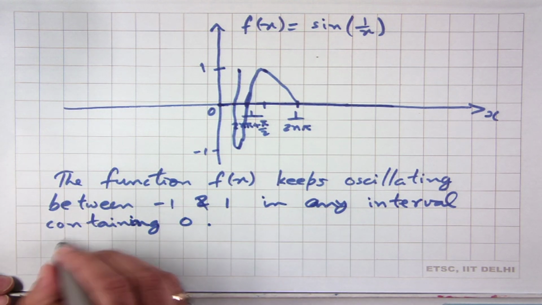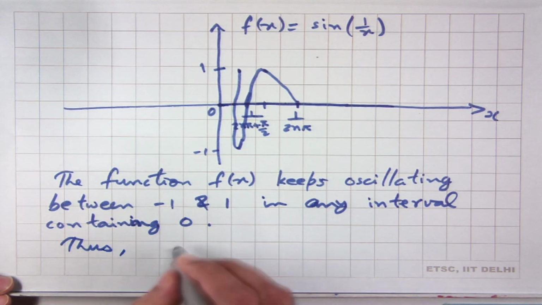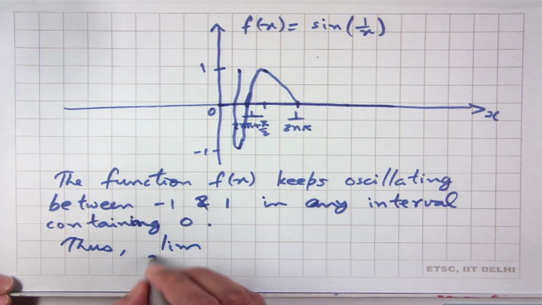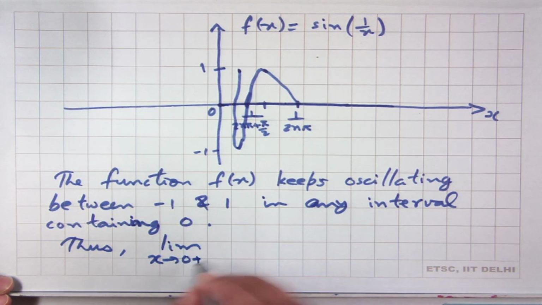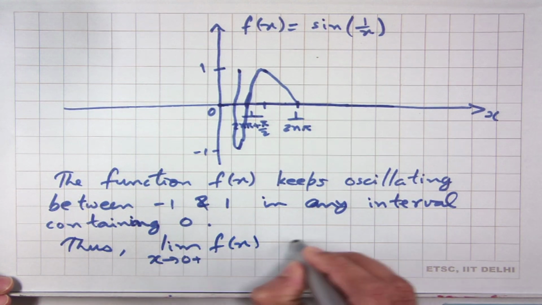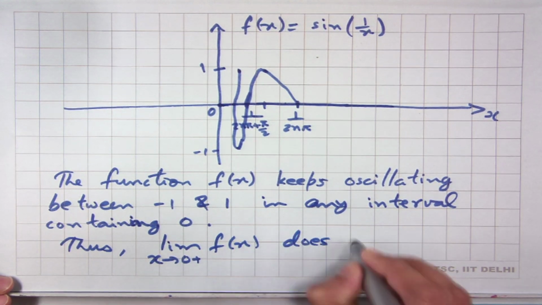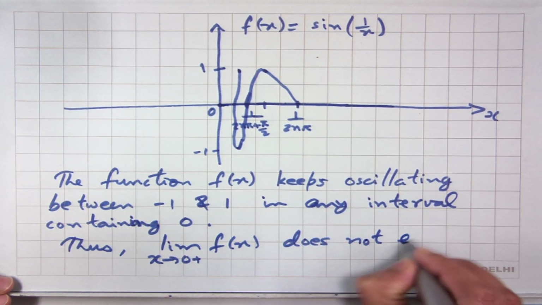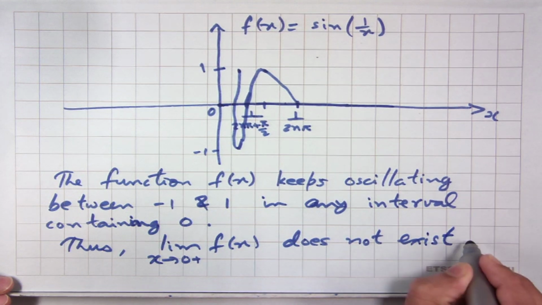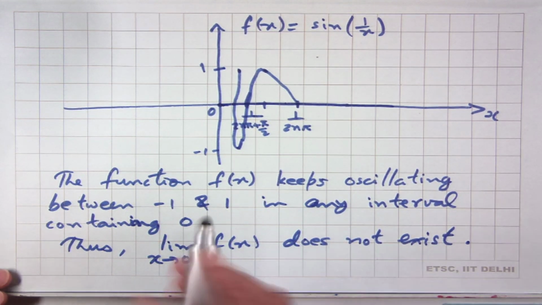Thus, if I am looking at the right hand limit of this function, this does not exist. Similarly, the left hand limit also does not exist for this function.